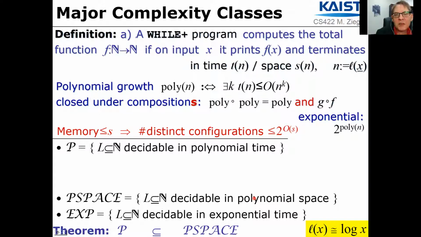So it will never run indefinitely, and by contraposition, any such program must have at most an exponential number of configurations and will make at most an exponential number of steps. And this proves that PSPACE is included in exponential time. Any PSPACE program will make at most a single exponential number of steps.